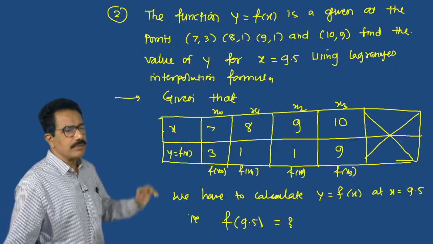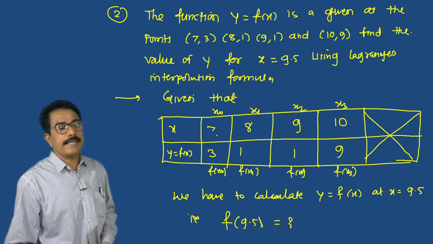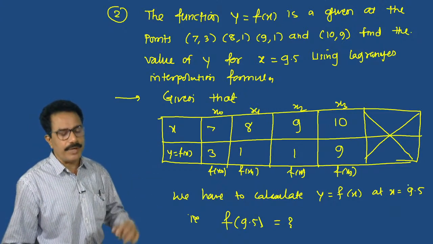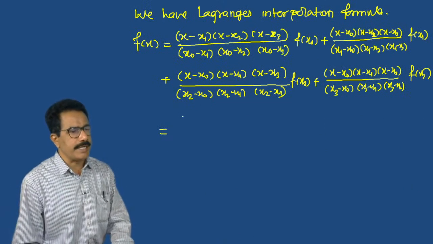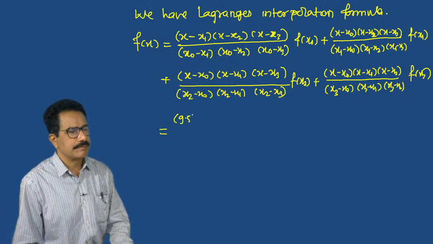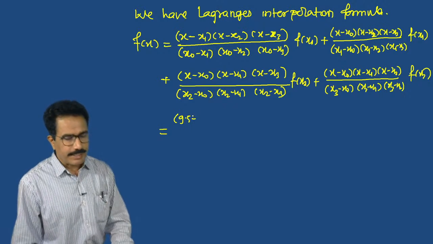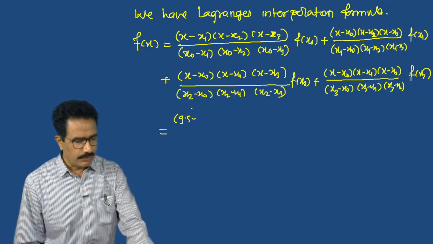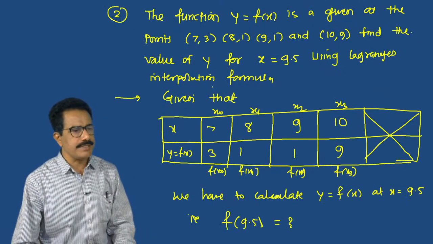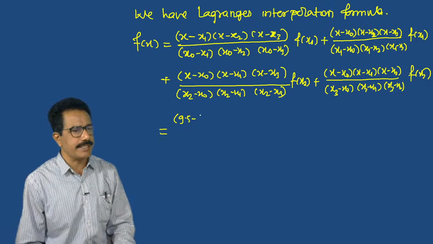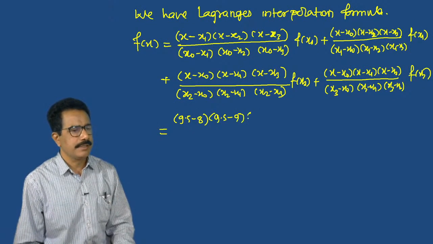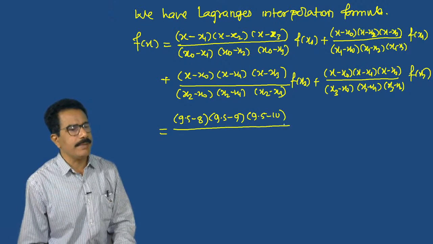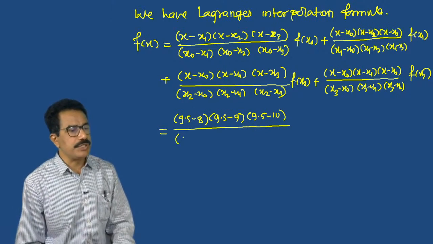Now calculate these values. What do we have to calculate? X means 9.5. So we have to write 9.5 minus x1. See what x1 is now. We have to calculate x1. x1 means 8, 9, 10. So 9.5 minus 8, 9.5 minus 9, 9.5 minus 10 divided by x0.